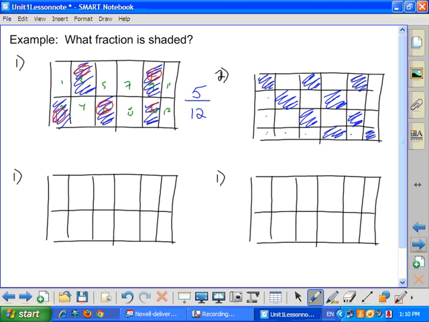So if I go through and count that, that gives me 24 pieces. So this particular one has 24 pieces. How many of these pieces, or how many brownies have been eaten? So you're just counting your colored areas here. 3, 4, 5, 6, 7, 8, 9. So 9/24 have been eaten up.